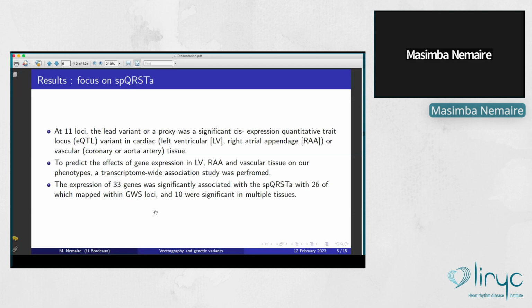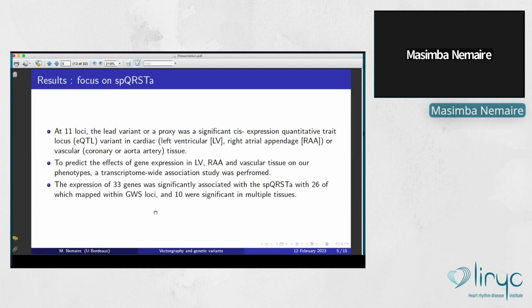And so this actually points to maybe that some of these genes may have something to do with the development or the continued existence of these parts of the heart.